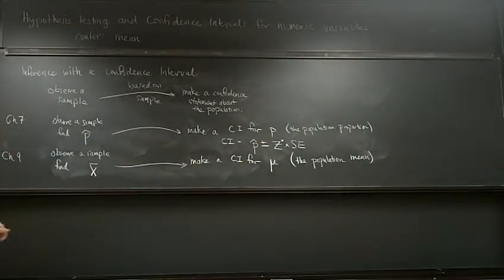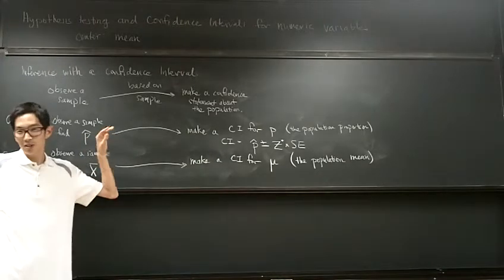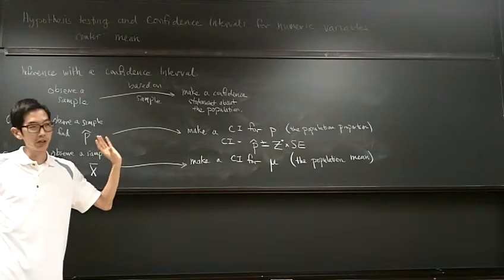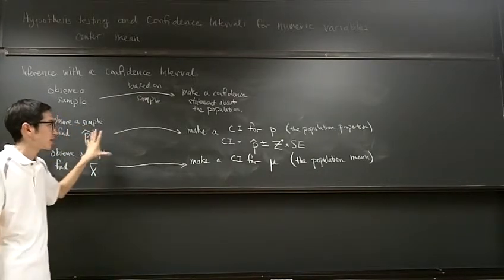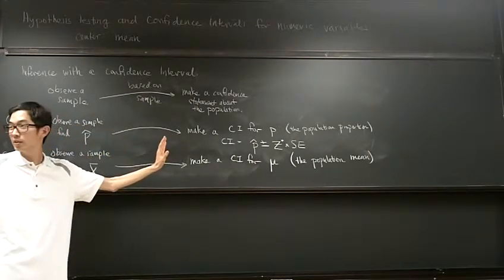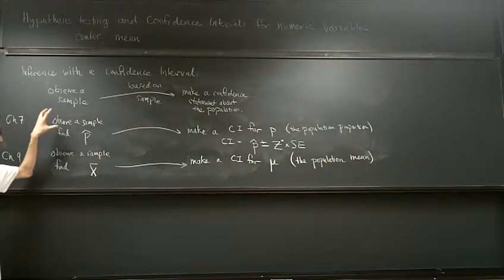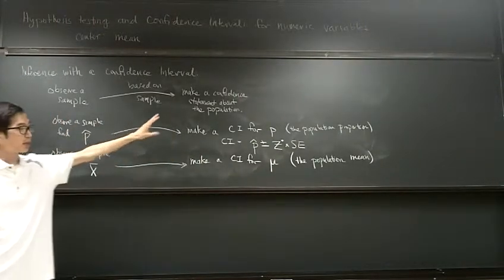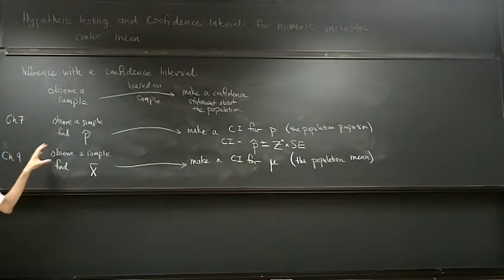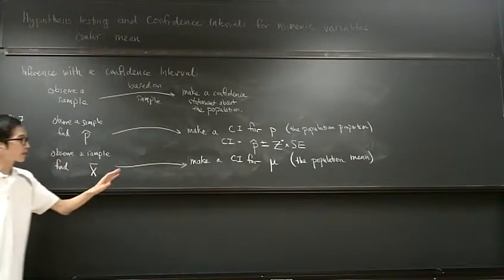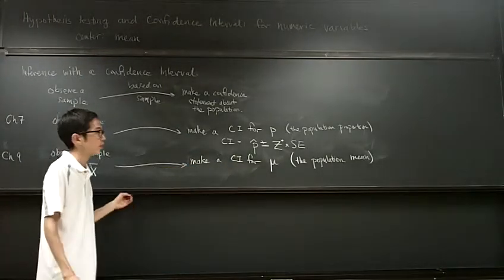So today we're going to see a lot of symbols and a lot of formulas and equations, but the concept is parallel to what we've already learned. Okay, so we learned this in chapter 7 where we observe p hat and we make a confidence interval for p. This chapter we observe x bar and we're making a confidence interval for mu. Okay.